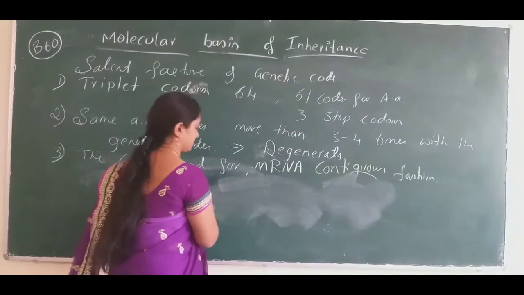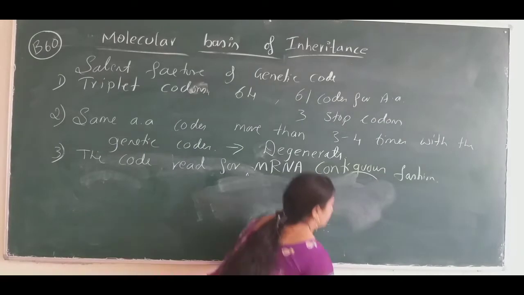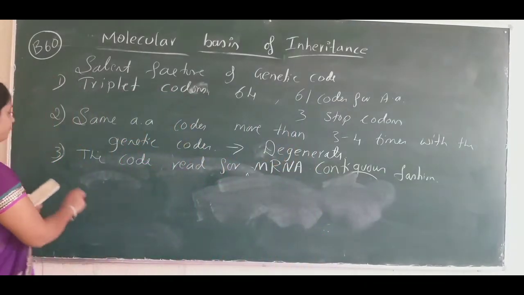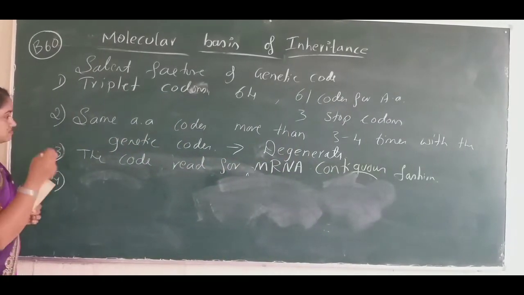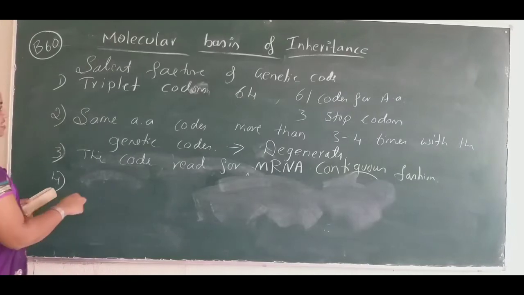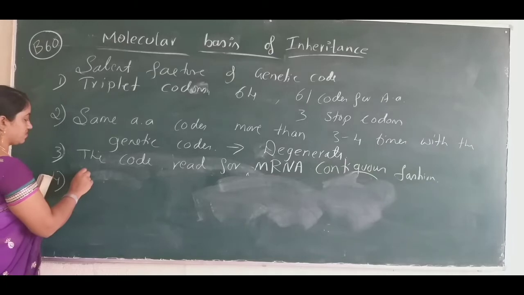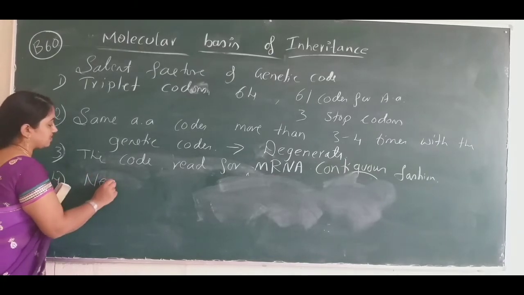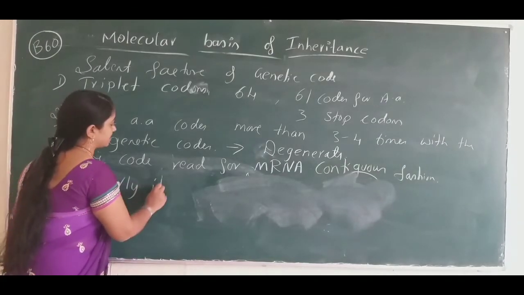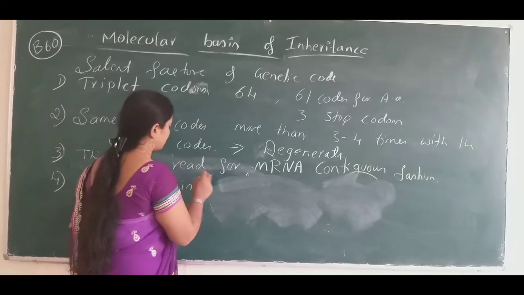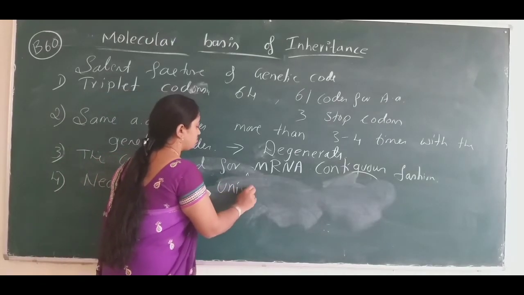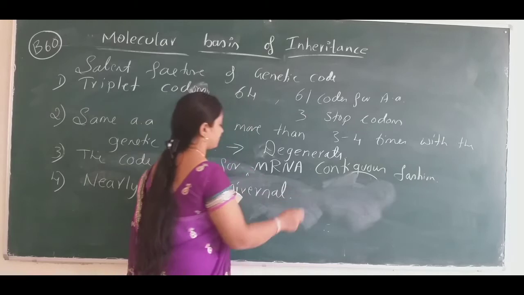The next is the fourth one. Almost all genetic codes, nearly the genetic code, is universal.